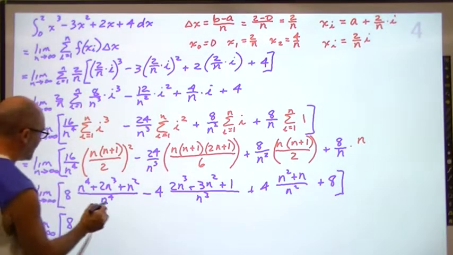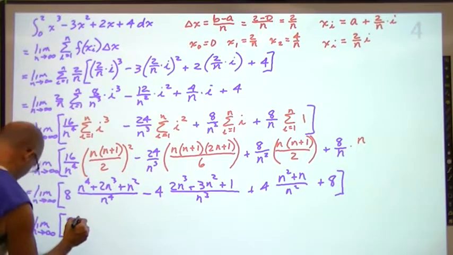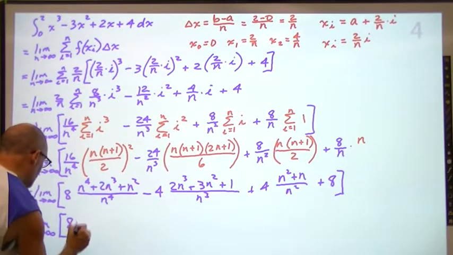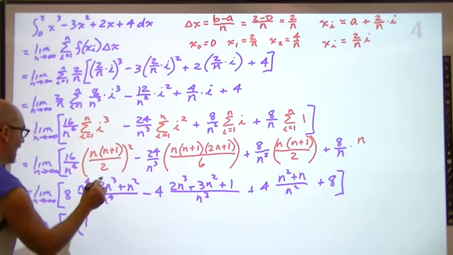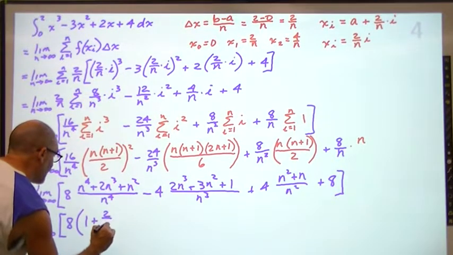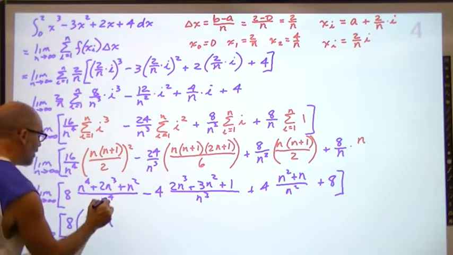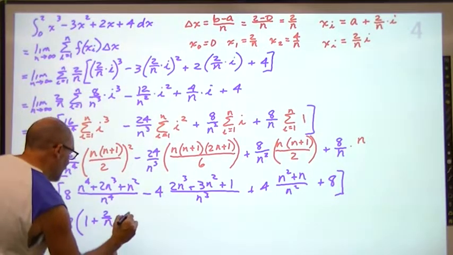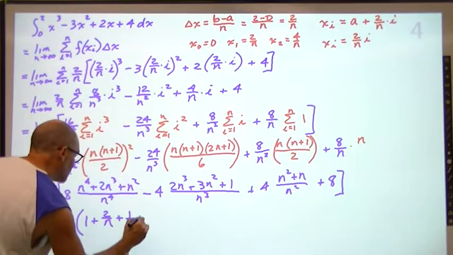Now, notice n to the fourth over n to the fourth is 1. 2n cubed over n to the fourth is 2 over n. N squared over n to the fourth is 1 over n squared.